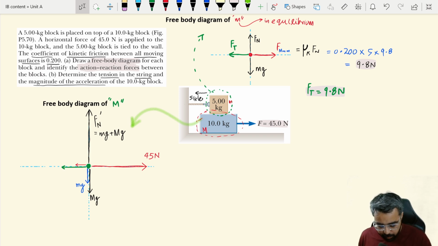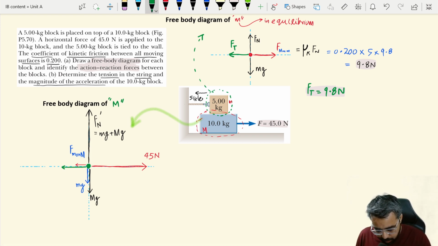So let me explain to you. This smaller arrow, the red arrow, is representing the force of friction applied by small m on big M. Because this is on the left side, whereas this force is on the right side, both are an action and reaction pair.